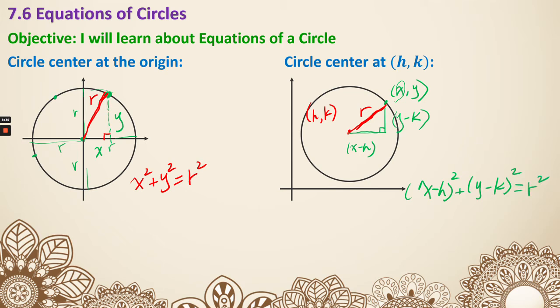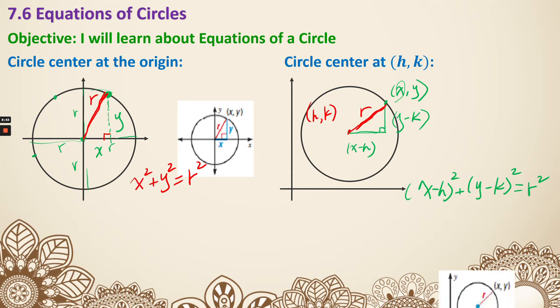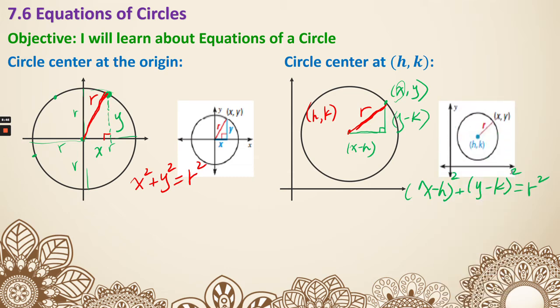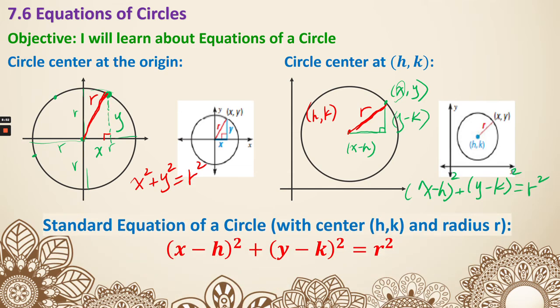So now let's look more closely in a clearer graph. That's the first one, and that's this one, which tells us the standard equation of a circle is going to look like this: (x minus h) squared plus (y minus k) squared equals r squared. This is the equation we're going to be working with for circles.